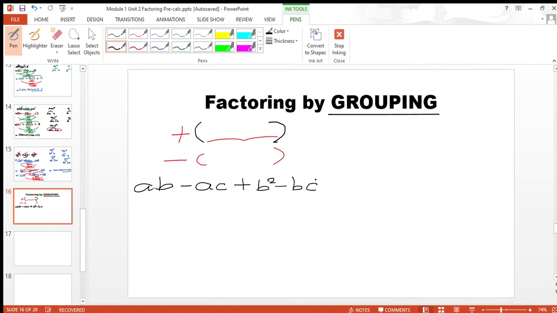Okay, so if we will try to observe this, going over the things that we have discussed, of course, the first thing that we have learned before is factoring by common monomial factor. So we really need to inspect. Common monomial factor is we inspect each term in the polynomial. We must find a common factor or a common element in each of the expressions.